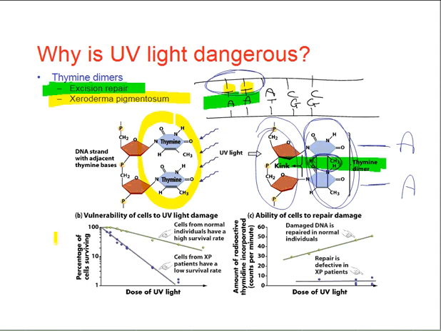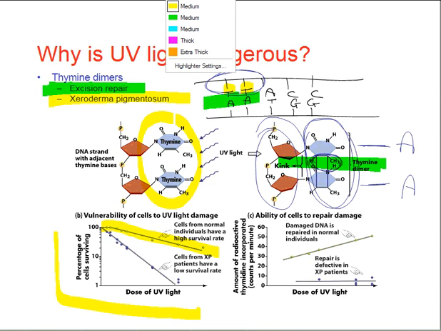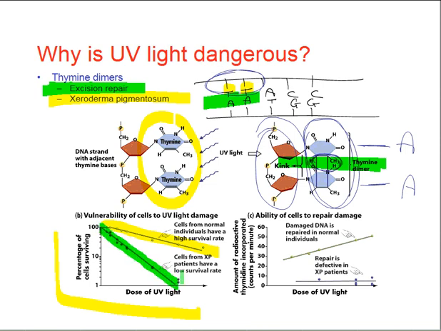So if we look down here at this chart, individuals that have a normal amount of the repair enzyme, you'll see most of the cells will end up surviving exposure to ultraviolet radiation. By comparison, individuals here in this second line are individuals that have xeroderma pigmentosum, and you can see that the number of cells that survive high doses of ultraviolet radiation is far reduced.